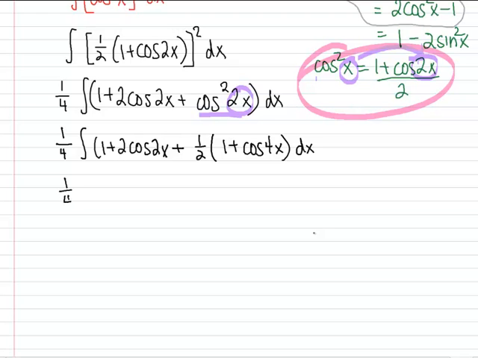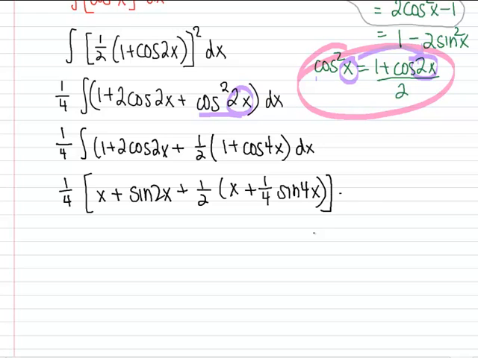So now I'll integrate. Integral of 1 is x. Integral of 2 cosine 2x is sine 2x. I have a 1/2 here. My integral of 1 is x. Integral of cosine 4x is 1/4 sine 4x, and then plus c. Now I'm going to combine my like terms. I've got an x here, and an x over here.